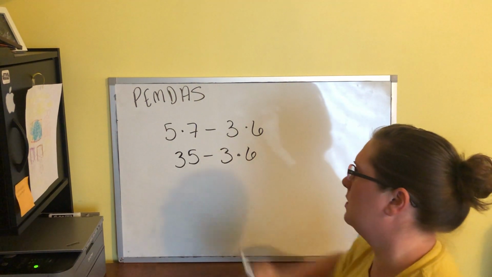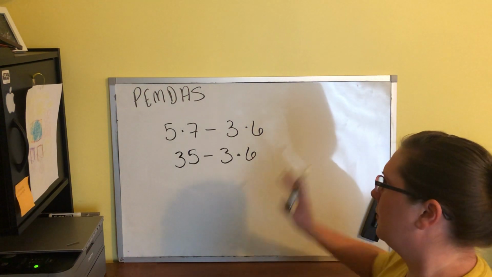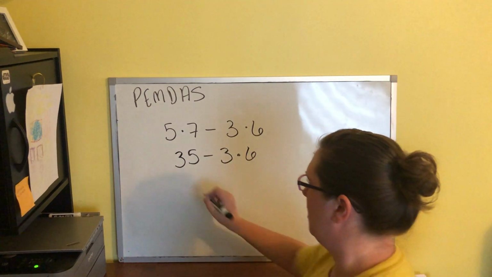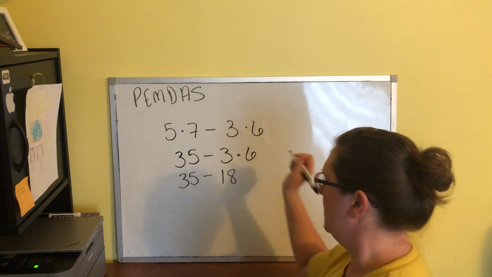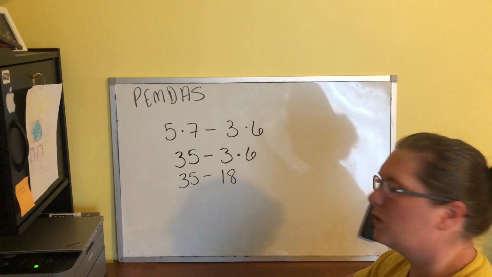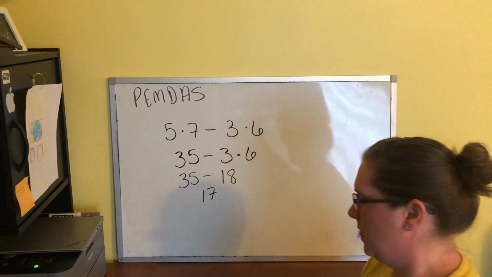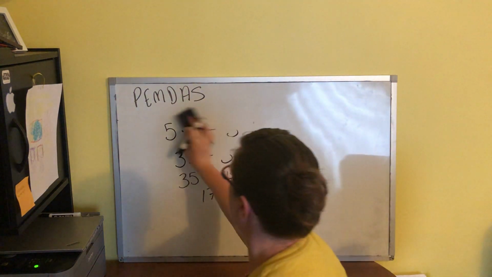Don't change this to a division sign, okay? It does happen. I've seen stuff written down incorrectly just from trying to rewrite the rest of the problem, so take your time. All right, so now I have 35 minus 3 times 6 is 18. Now we're left with subtraction, so 35 minus 18 is 17, okay? So easy problem, short problem.